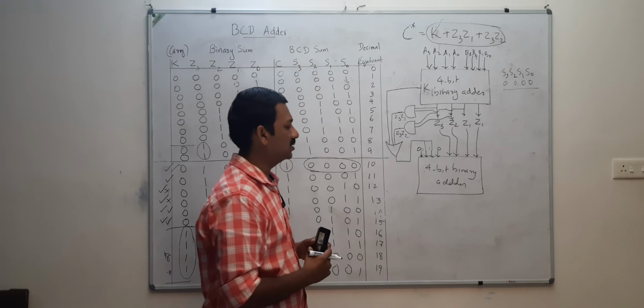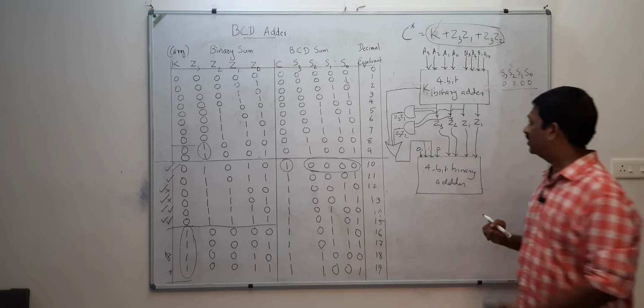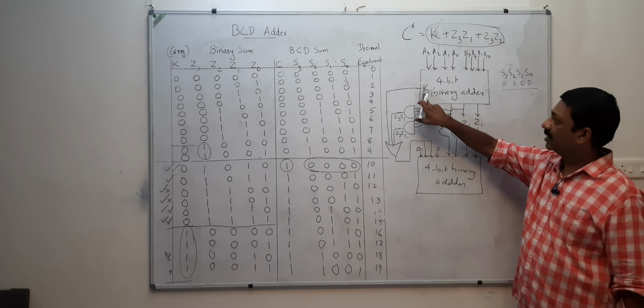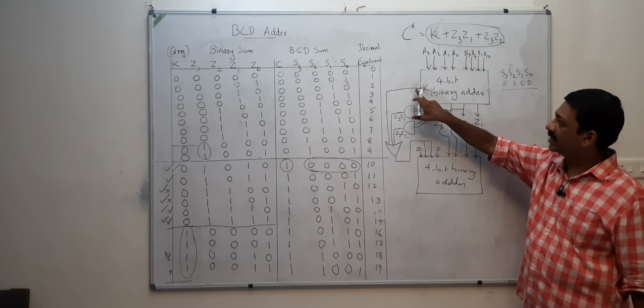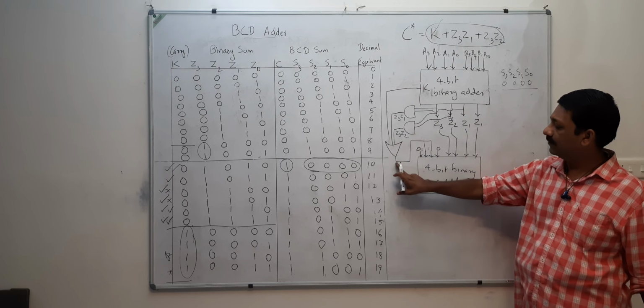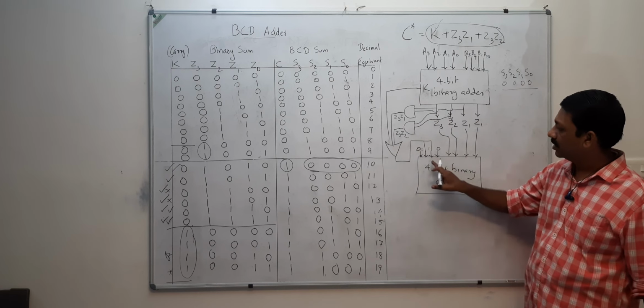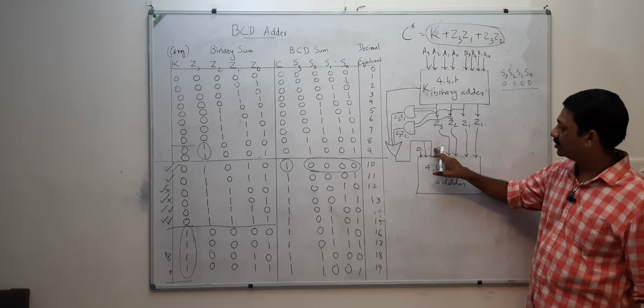Okay, that means see here this is the carry generated, and if the carry generated is equal to 1, then definitely this will be equal to 1, and this will become 0 1 1 0.